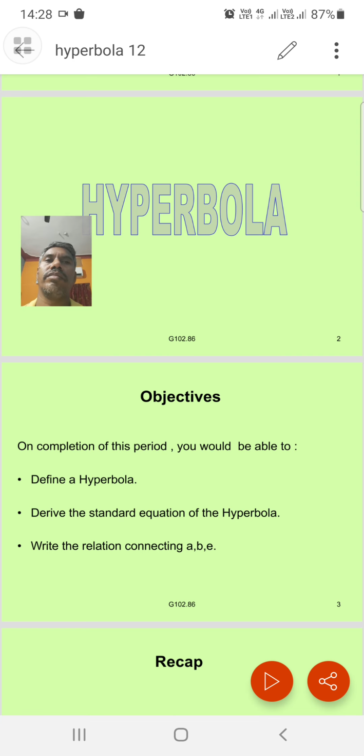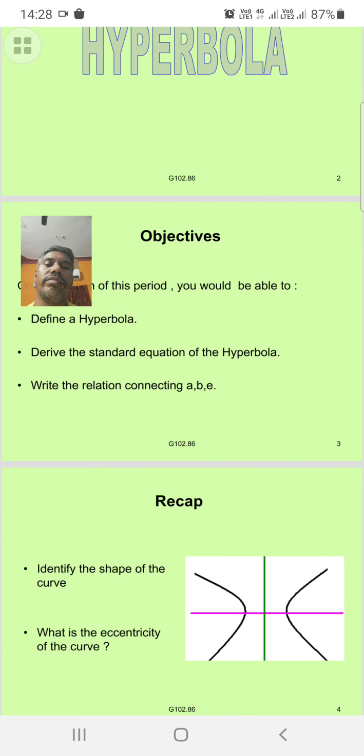In the first form, its axis is along the x-axis. In the second form, its axis is along the y-axis.